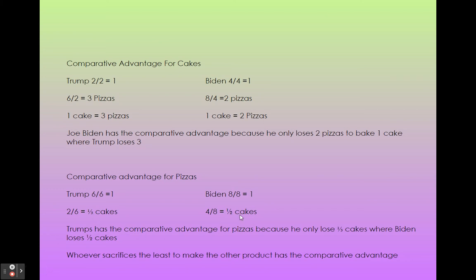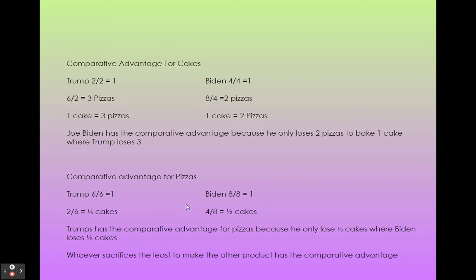So Trump has the advantage for pizzas because his opportunity cost is lower. Whoever sacrifices the least of the other product has the comparative advantage. So 1 pizza is going to cost Trump 1/3 of a cake, whereas Biden is going to lose half of a cake. A third is smaller than a half, so Biden has a greater opportunity cost.